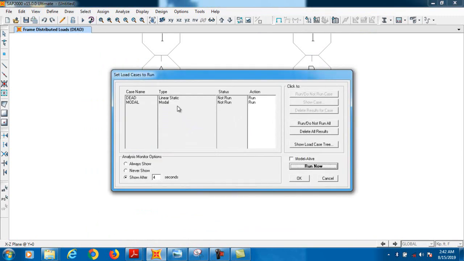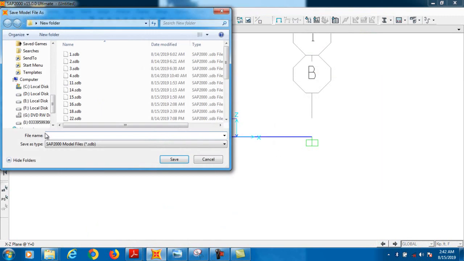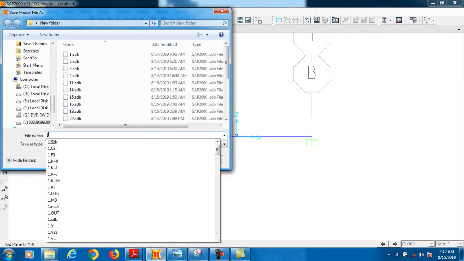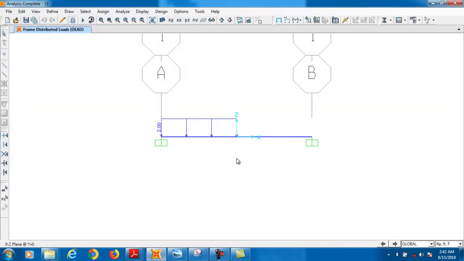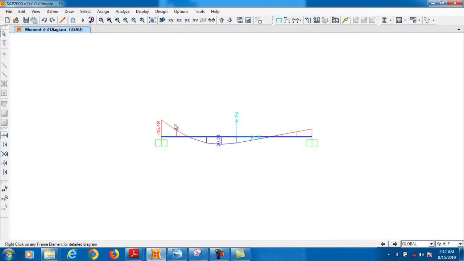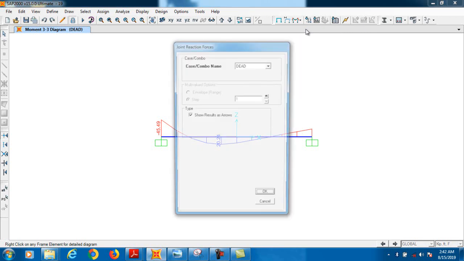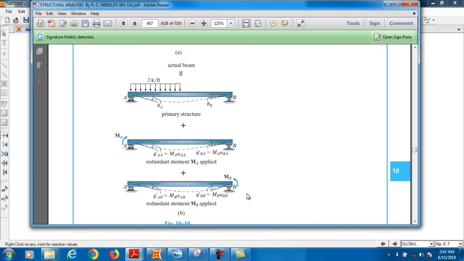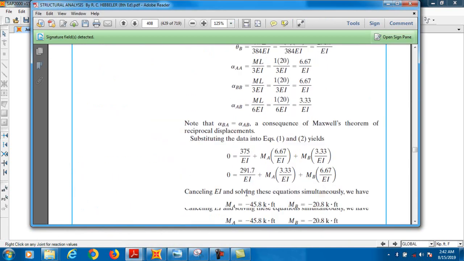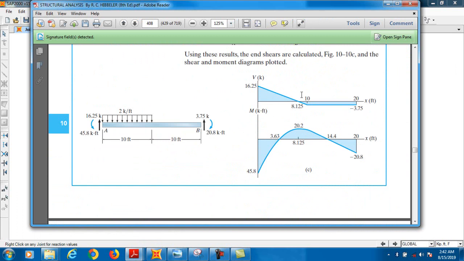Press the analysis button. Run now. This is example number 19. Save it and see the results. This is the deformed diagram. Clear? And if you want to see the joint reactions, these are the reactions. There's a shear force diagram and a moment diagram.